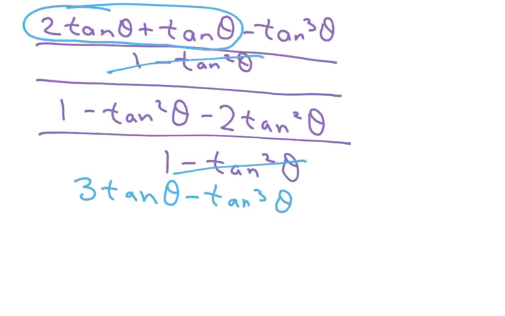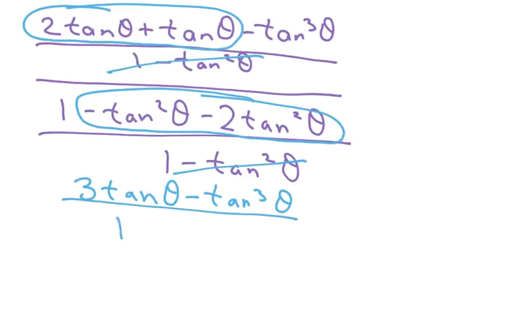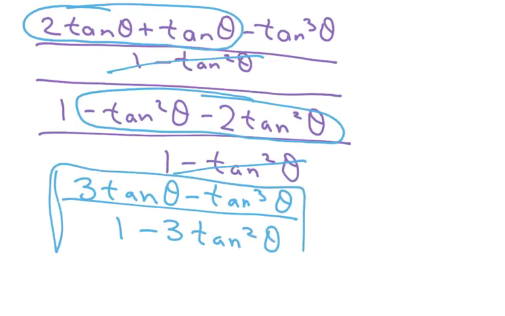And then for this, I'm going to have 1 minus 3, look at this, that's 1 minus 3 tan squared of theta. And that's all we needed right there. And that's your answer.